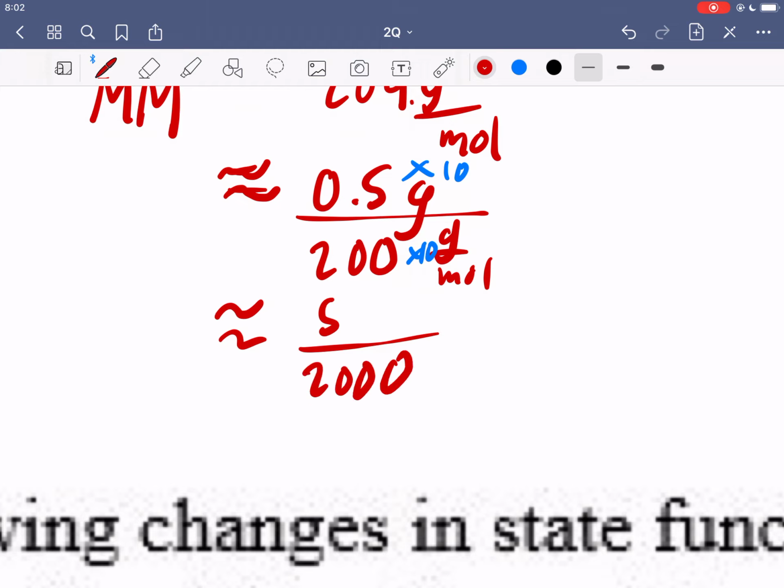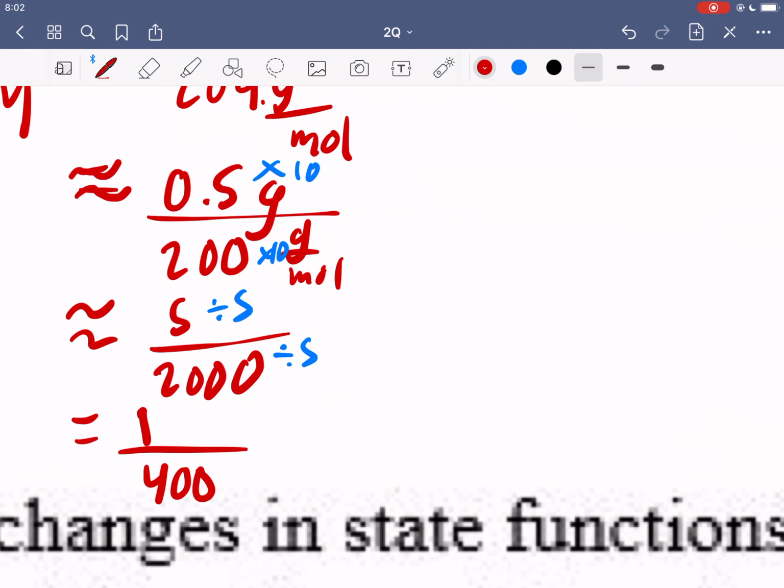I'll leave out the units for now. Okay, 5 over 2,000. 5 goes into 100 20 times, 5 goes into 1,000 200 times, and so 2,000 is just 400 times. So then that equals 1, because I'm dividing both by 5, right? Dividing by 5, top to bottom. That gives me 5 over 400.